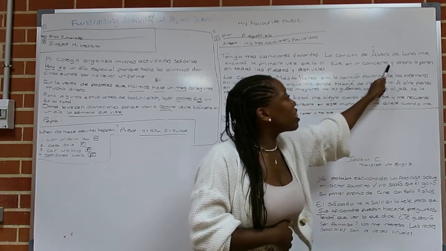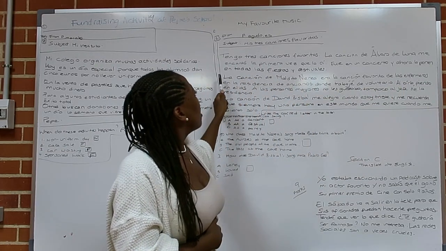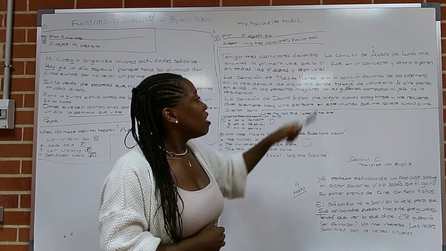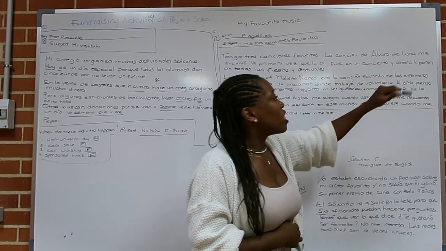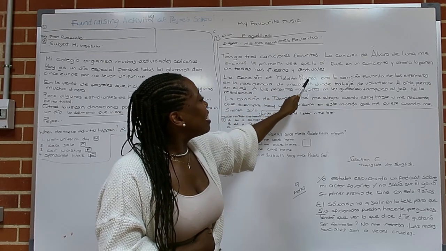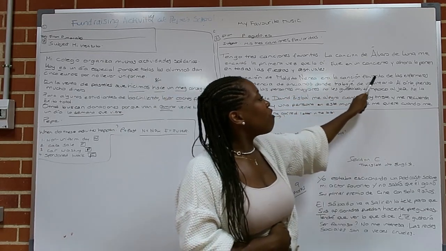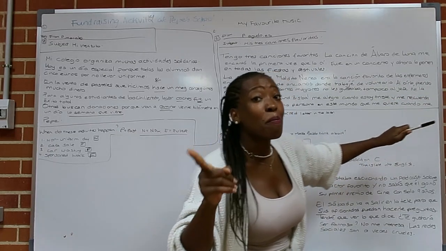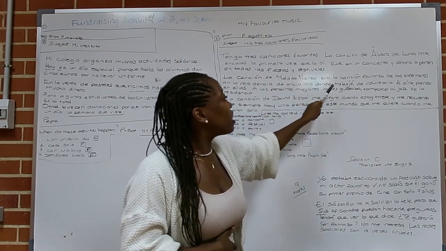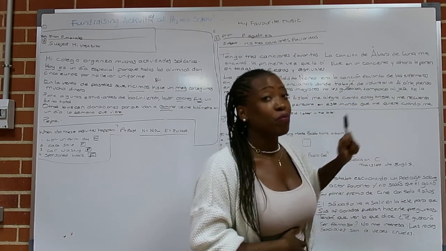Fue en un concierto y ahora la ponen en todas las fiestas y festivales. Fue en un concierto. I'm not going to translate that for you. Okay? La canción de Maldita Nerea era la canción favorita de las enfermeras. Okay? En la residencia de ancianos donde trabajé de voluntario.